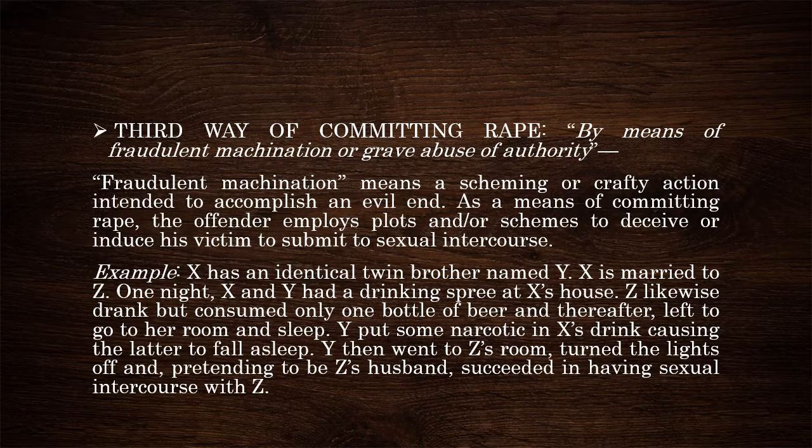Then, he went to the room of the couple, turned off the lights, and made it appear that he was the husband of Z, when in truth and in fact, he was only the twin brother of X. So, this is a very clear example of what fraudulent machination is. While in this example, the victim Z freely gave her consent, she gave her consent because she was made to believe that the offender was her husband.